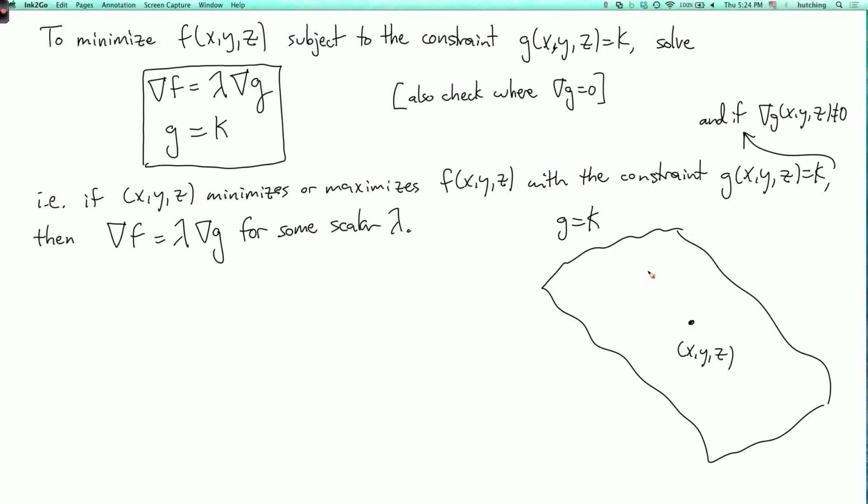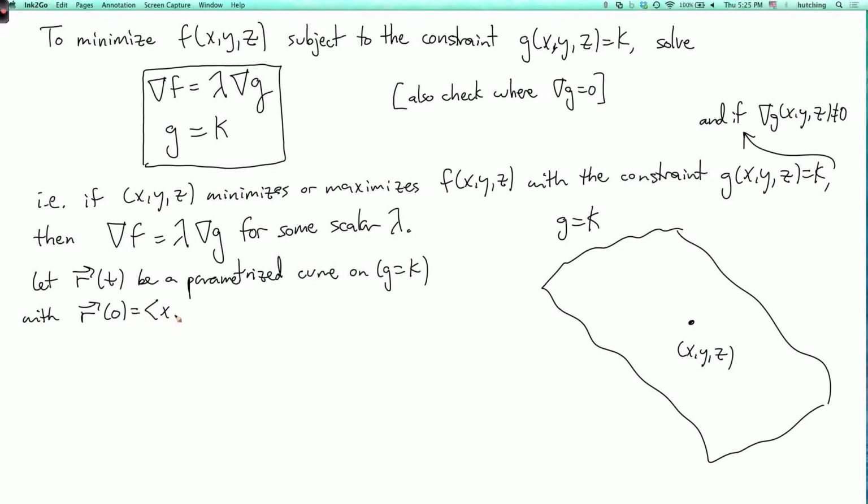Okay, and then let's call it r, let r of t be a parameterized curve on the level set g equals k with r of 0 equals x, y, z.